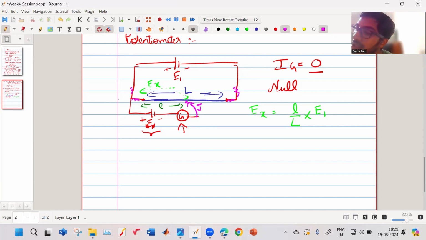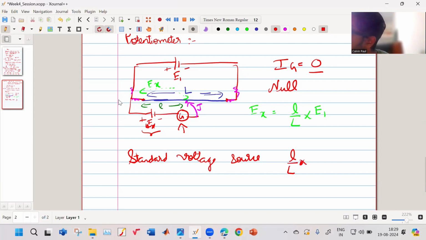And so we will have to use what is known as a standard voltage source. We can set how much E1 by L we need.